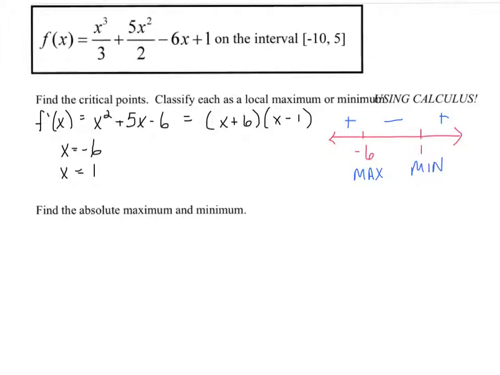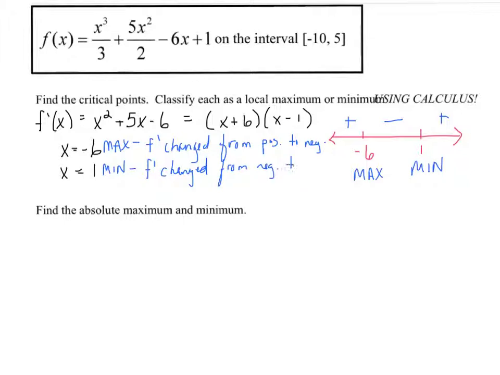Okay, so we know this is a max, we know this is a min. Very often in calculus you're asked to justify that using calculus. Your justification would simply be that here the derivative f prime changed from positive to negative. And here, the reason you knew it was a minimum was f prime changed from negative to positive.